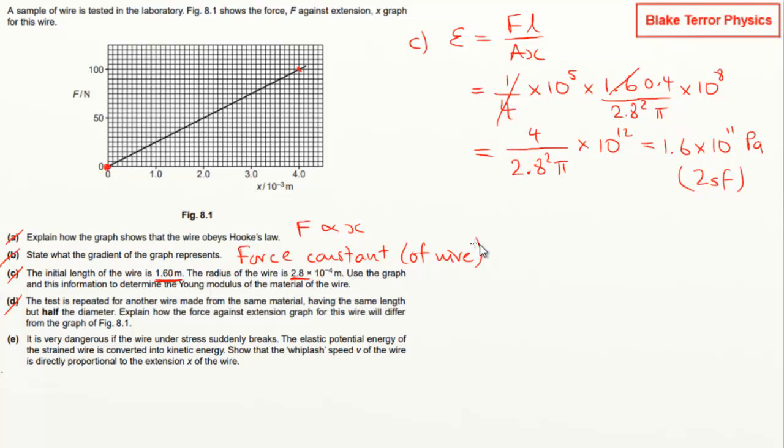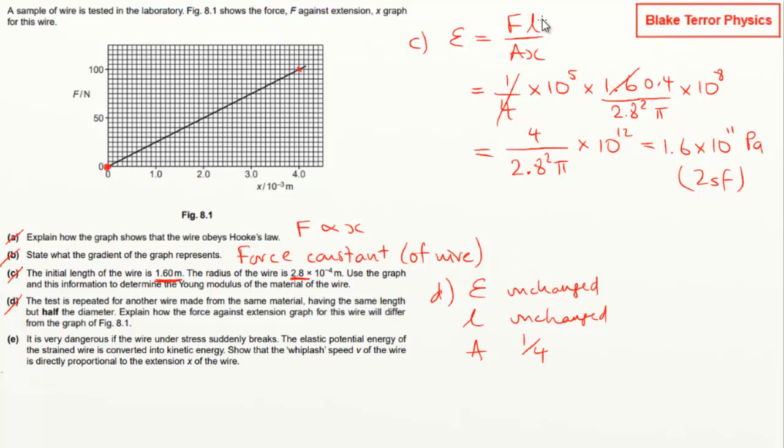Then we've got the test is repeated for another wire made of the same material. It's got the same Young's modulus, same length, half the diameter. Right, so we've got E is unchanged, L is unchanged. A is now a quarter because the diameter is halved.